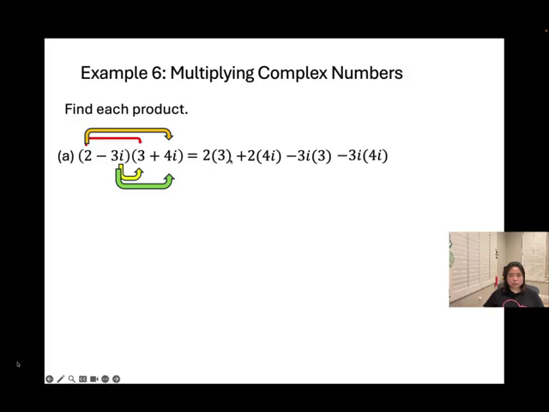That will be 6 plus 8i minus 9i minus 12i squared. These two, you could combine the like terms, and i squared is going to be equal to negative 1. So you should get 18 minus i.